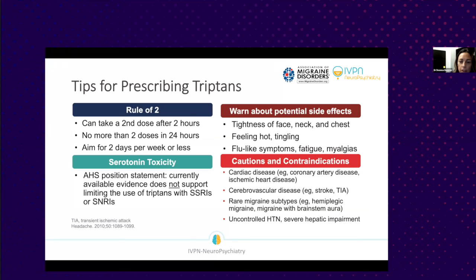That's what we take into consideration when we revisit and see them for follow-up. Contraindications to triptans are heart disease, cerebrovascular disease, rare migraine subtypes such as hemiplegic migraine or migraine with brainstem aura, and uncontrolled hypertension. Next slide.